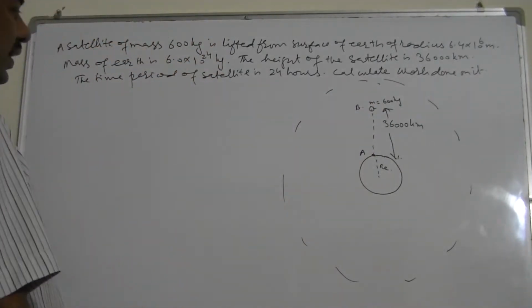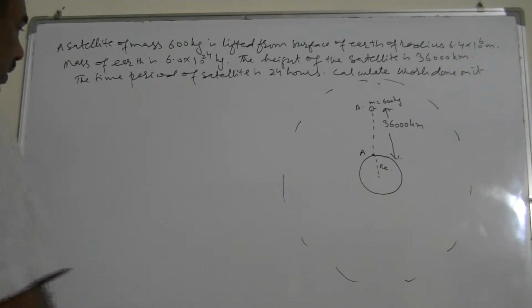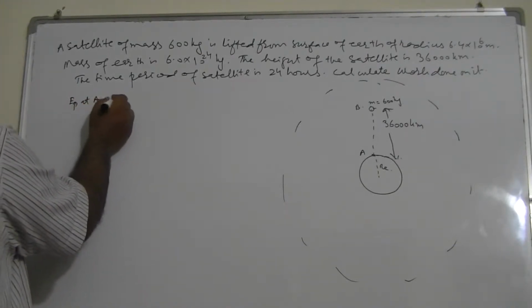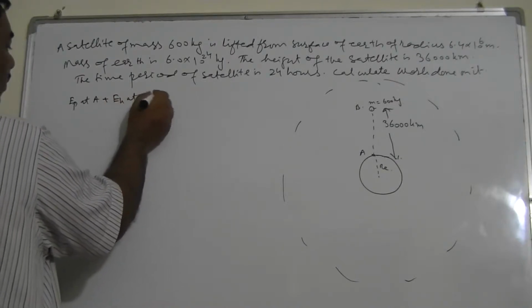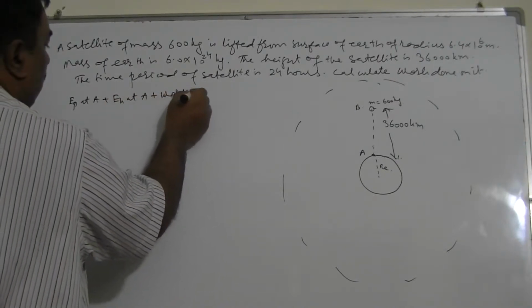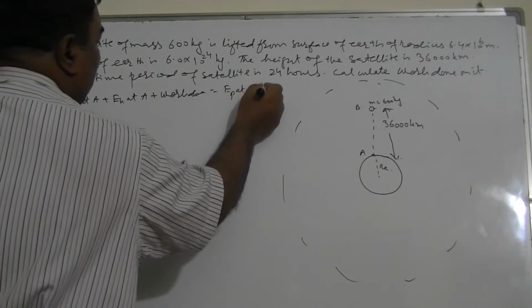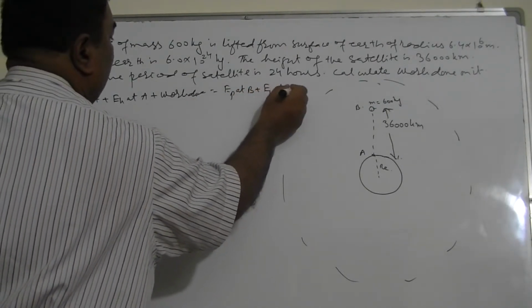I can write this equation: EP at A plus EK at A plus work done is equal to EP at B plus EK at B. That's very simple.